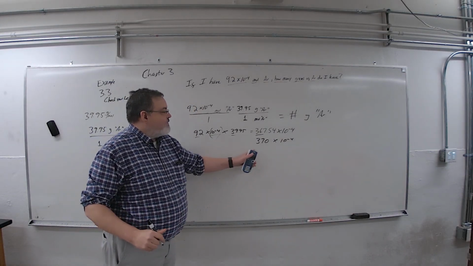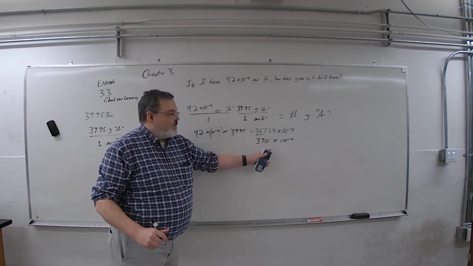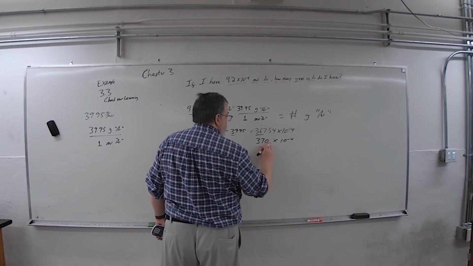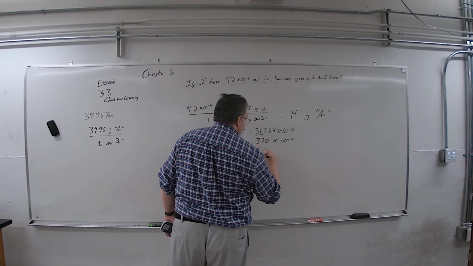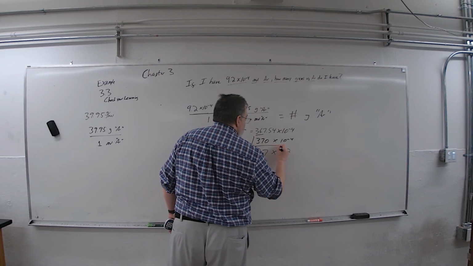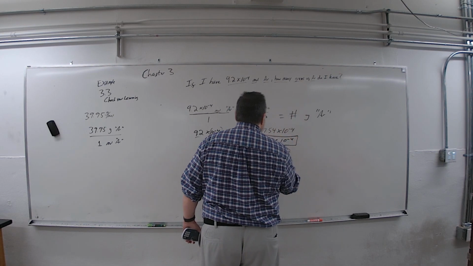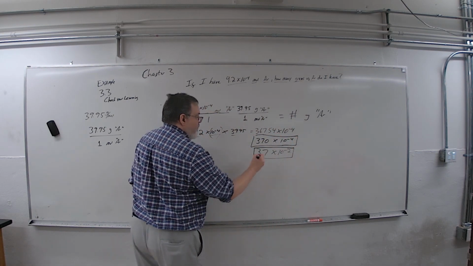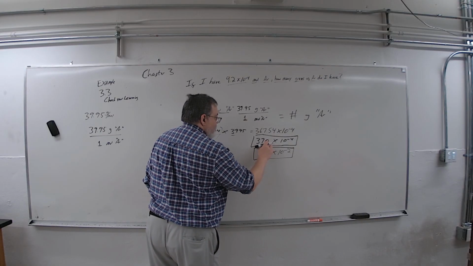This does show 2 significant figures because there's not a decimal there. If you wanted this in standard scientific notation, we've got 10 to the negative 4 now. It would be either of these is correct numerically. If you put a decimal there, that shows 3 significant figures. But that's 2.